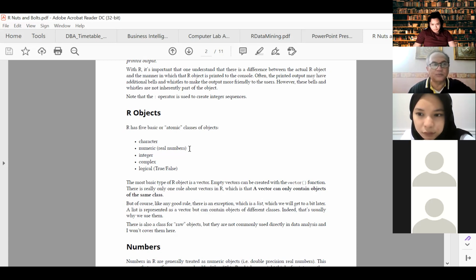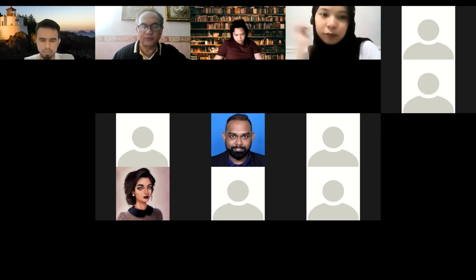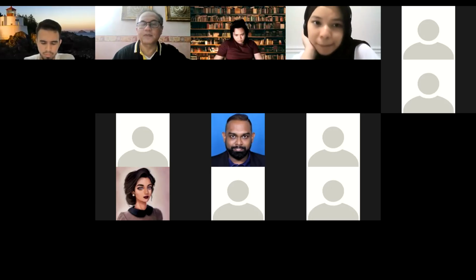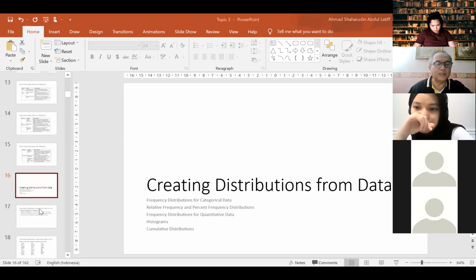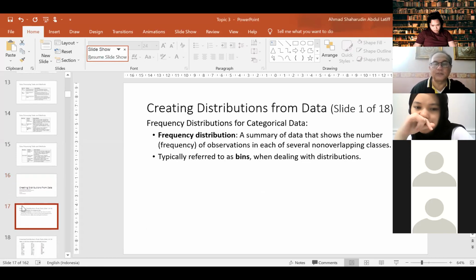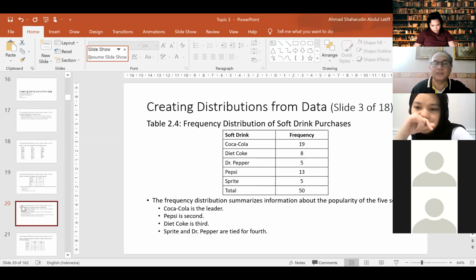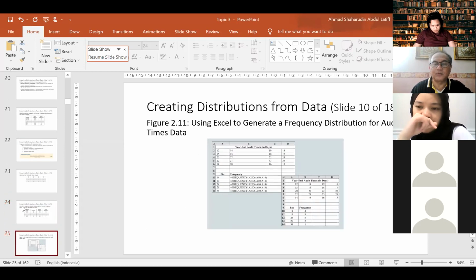We'll move into how to do some basic data analytics. Maybe we can do some arithmetics using C. But in the beginning of the class, we'll move into the other topics as well, because in the slide. Let's stop share this for a while. I'll move into the slide again. The topic 3 slide. Okay, you will be using. There are some tasks that you need to do, frequency distribution and so on. This one I will guide you using Excel.